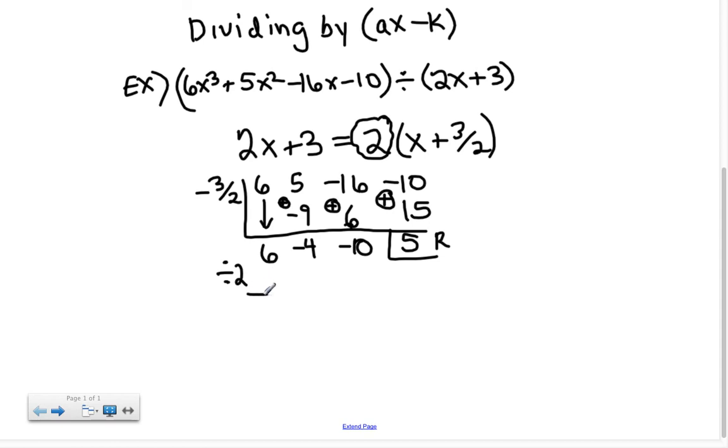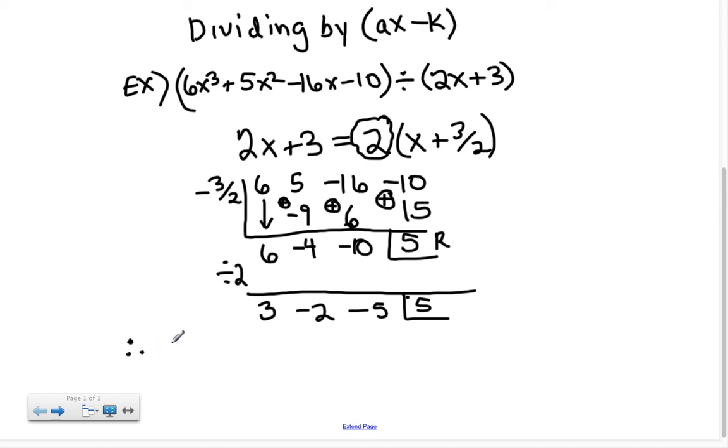So now we're going to have 6 divided by 2 gives me 3. Negative 4 divided by 2, of course, is negative 2. Negative 10 divided by 2 is negative 5. And the remainder does not divide. It stays a remainder of 5.